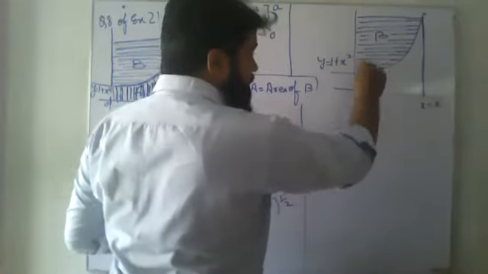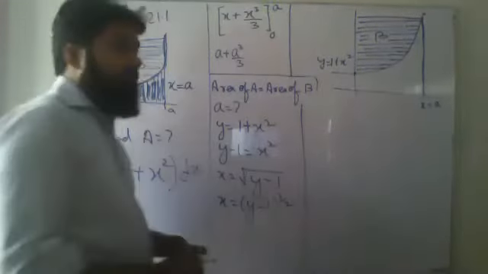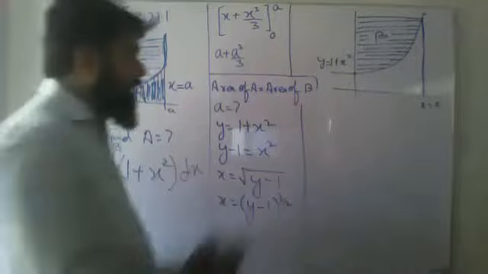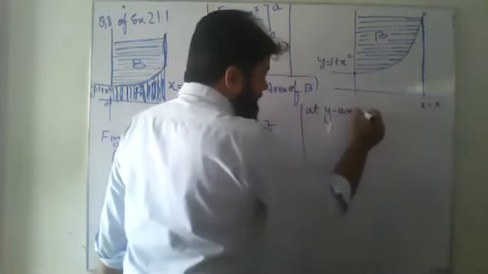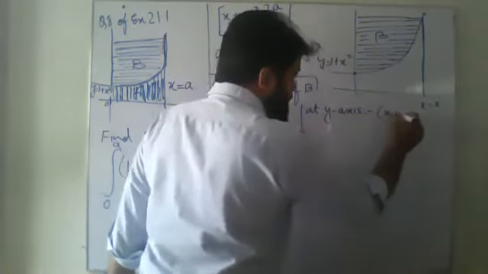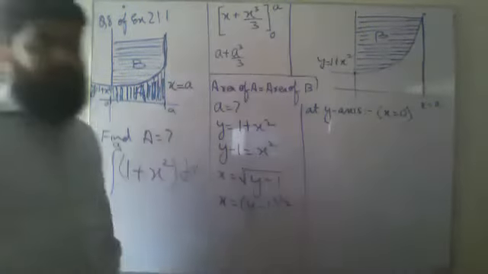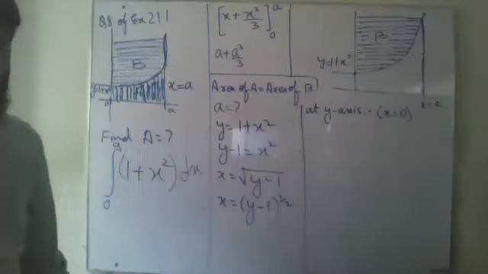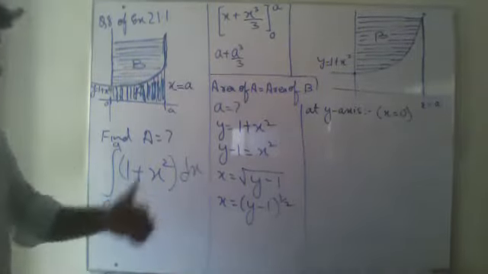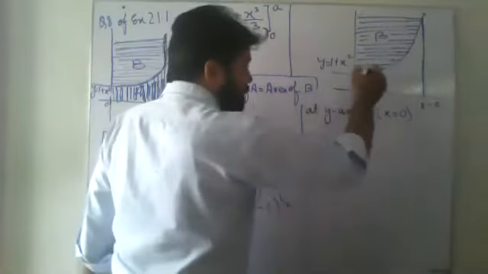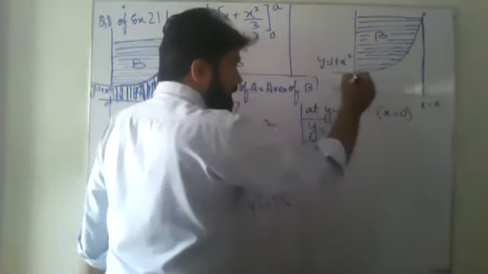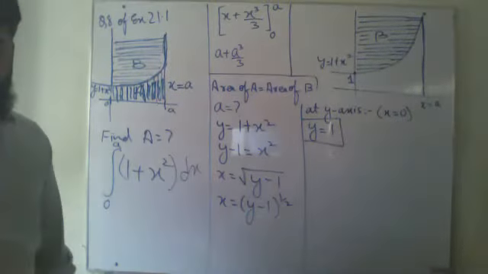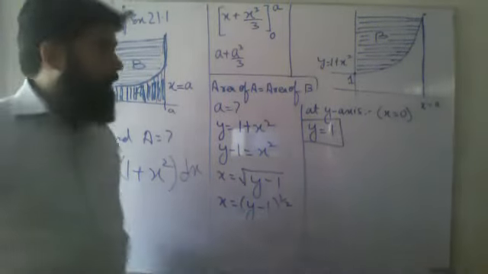This is your starting point, and we know that at the y-axis, x is always equal to 0. It means y equals 1 at this point, because x is 0. Right? That's my first part.